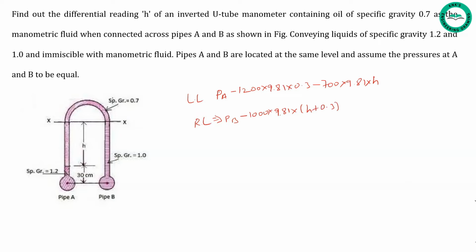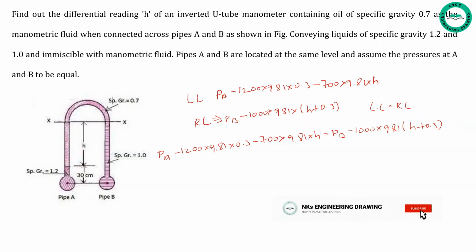Now, by equating two pressures, that is left limb equals right limb, we can write the equation as PA minus 1200 into 9.81 into 0.3 minus 700 into 9.81 into h equals PB minus 1000 into 9.81 into (h plus 0.3).